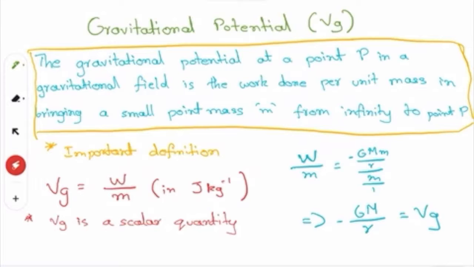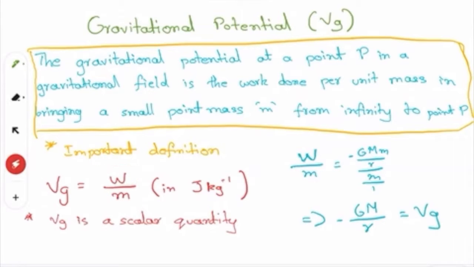Okay, so we know that it's a work done per unit mass, right? So we can write gravitational potential as W by m. And we know that work done is just change in gravitational potential energy, and we know that gravitational potential energy is minus GMm by r.